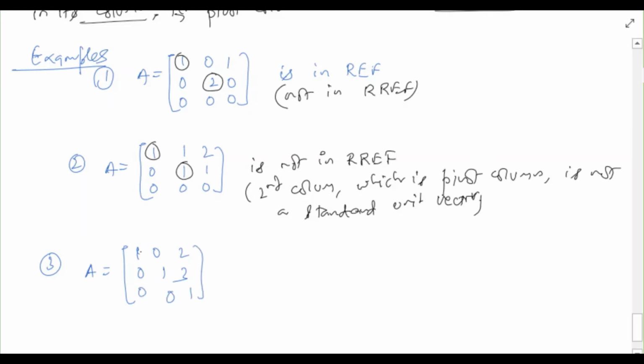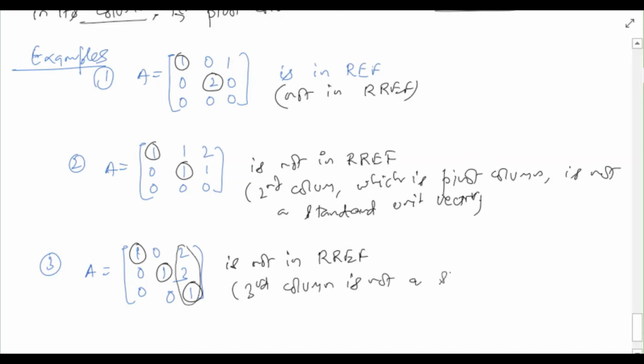Again we see that the pivot entries are all 1, but this is also not in reduced row echelon form because the last column, which is a pivot column, has other non-zero entries also. It's not in RREF because the third column is not a standard unit vector.